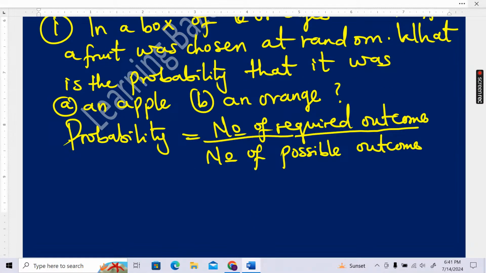Now, required outcome is what you have been asked, the question you were really asked for, divided by the total.